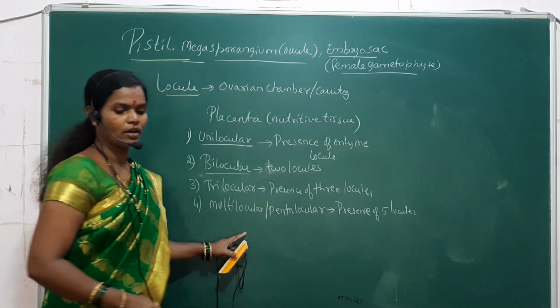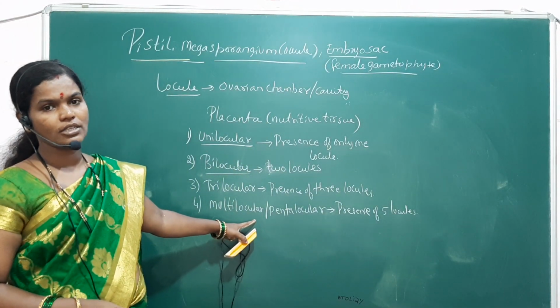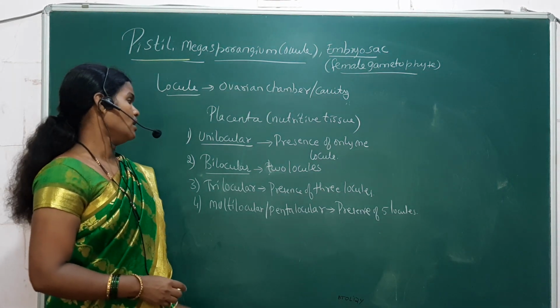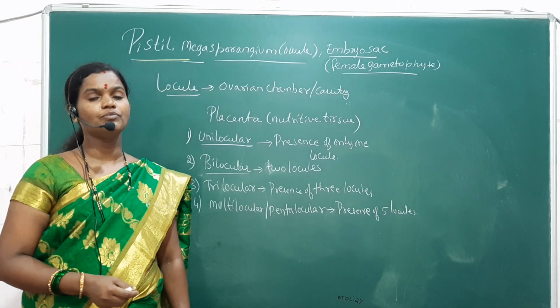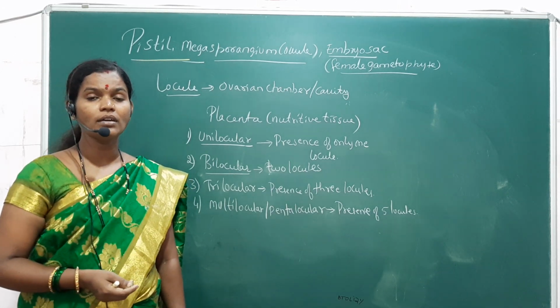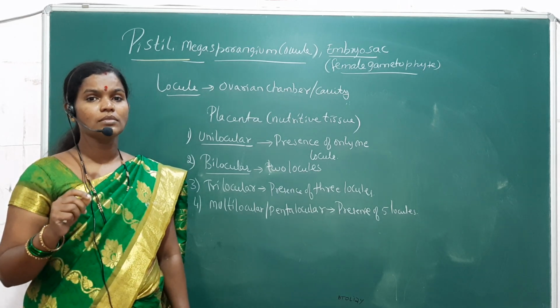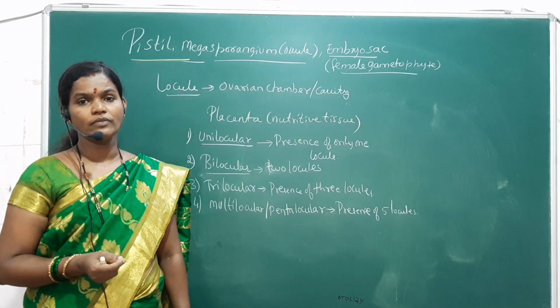What is pentalocular here? Presence of five locules is called pentalocular. So it is based on the locules present in the ovary. What is the meaning of the locule here? It is the chamber present in the ovary.